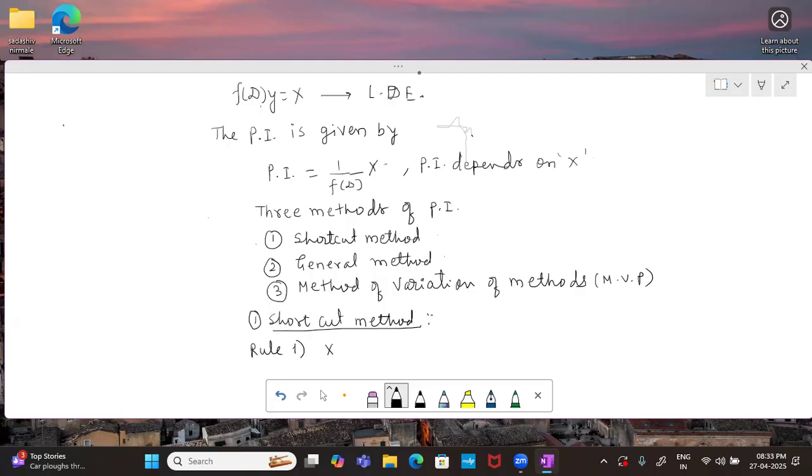PI depends on capital X, isn't it? So when the value of X changes, the rule for PI changes. Let us suppose capital X is e raised to x. Do you know the name of this function? This e raised to x is called the exponential function with base e.